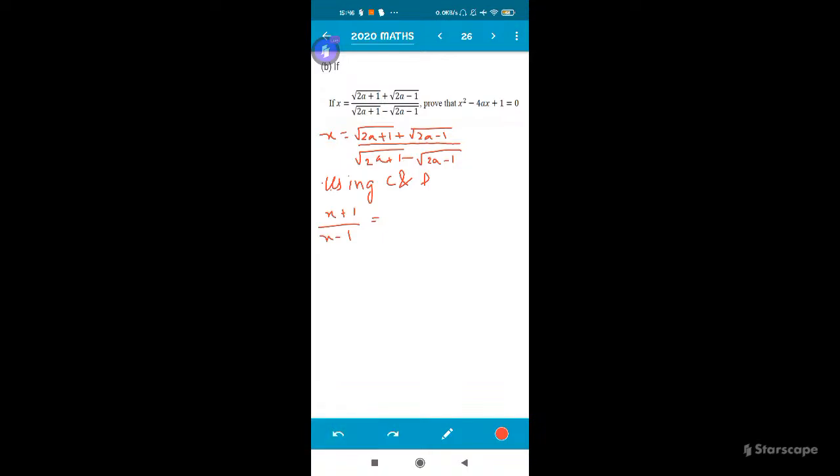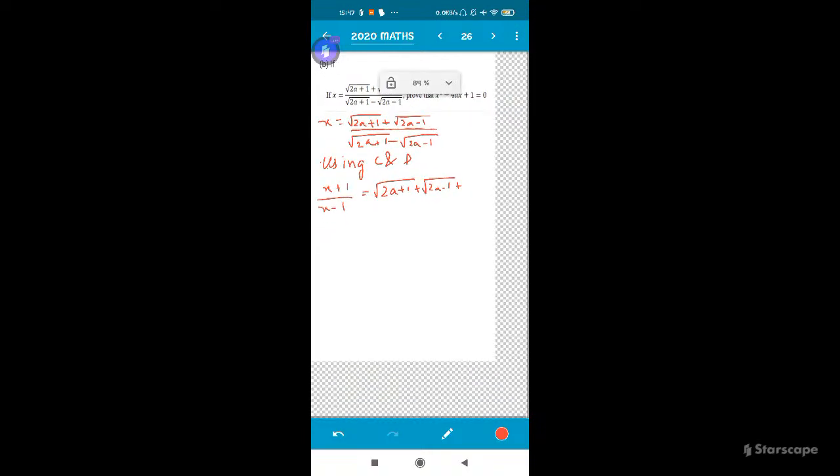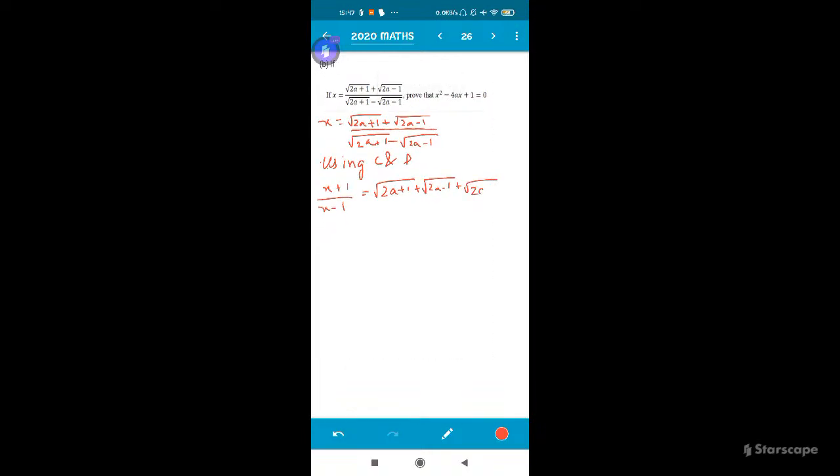So let's do it. So square root of 2a plus 1 plus root 2a minus 1 plus root 2a plus 1 minus root 2a minus 1. This is the numerator. Let us also write the denominator now. So square root of 2a plus 1 plus root 2a minus 1 minus square root of 2a plus 1 plus square root of 2a minus 1.